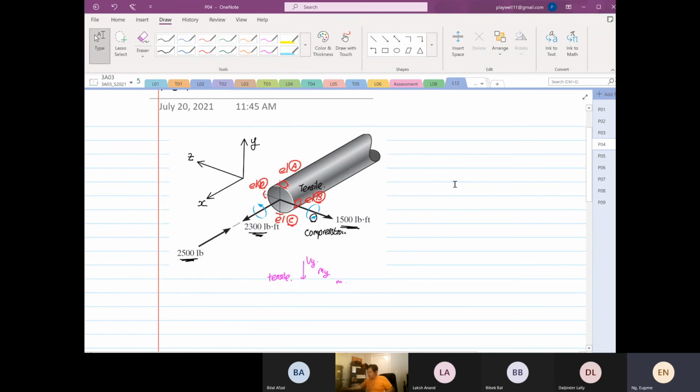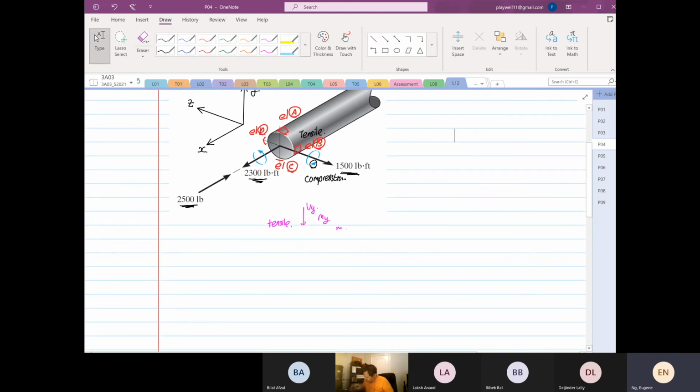Right. So we are going to look at element C now. I'm going to draw element C. If we view this in this way, this is my X. Let me get rid of this.